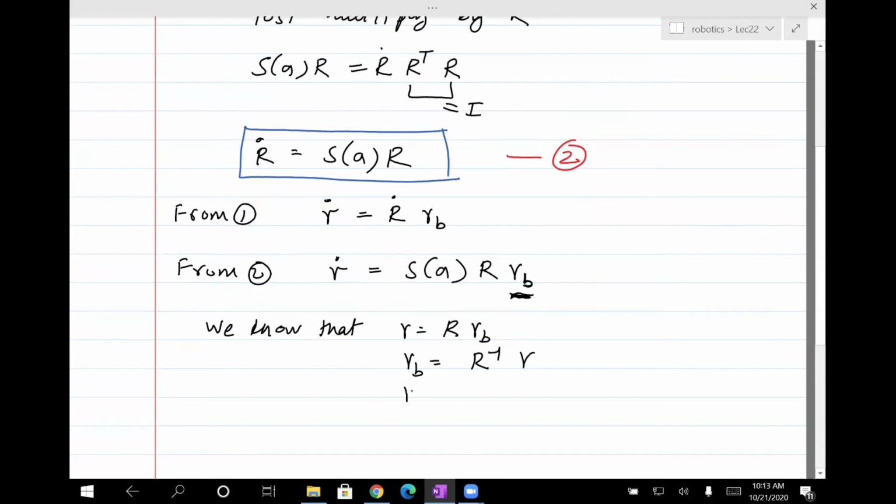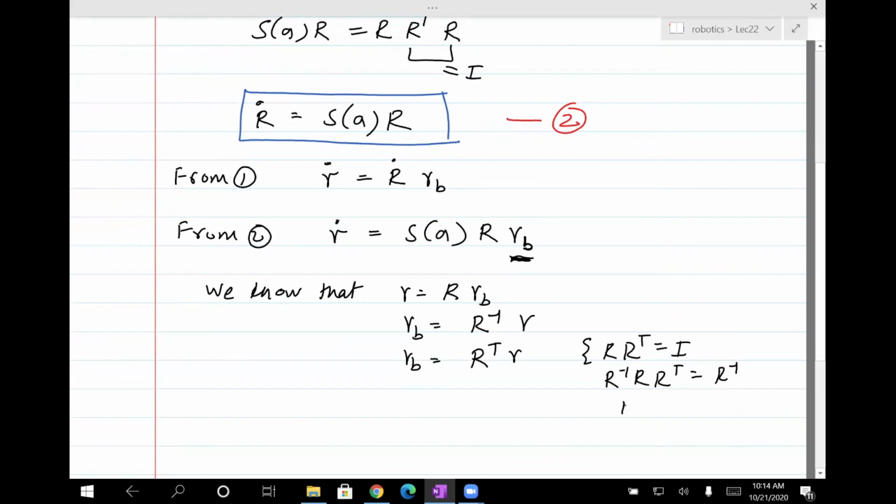But R inverse is the same as R transpose. How does that happen? Well, R transpose R is I. So if you pre-multiply both sides by R inverse, you get R inverse R transpose R equals R inverse. Since R inverse times R is the identity matrix, we have R transpose is R inverse, and that's precisely what I subbed in here. R inverse becomes R transpose.